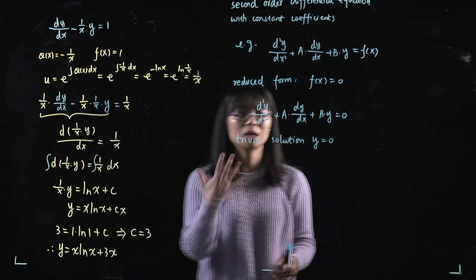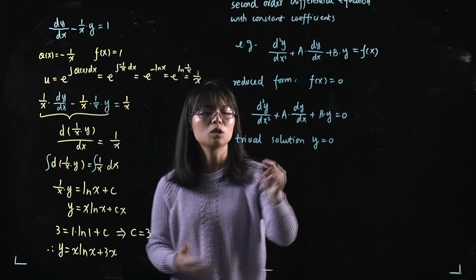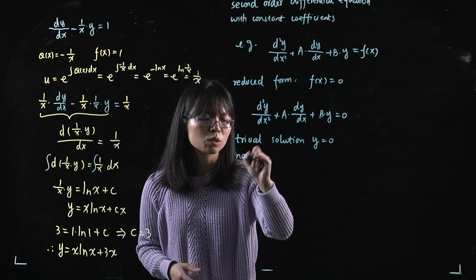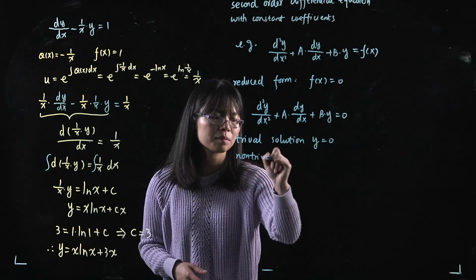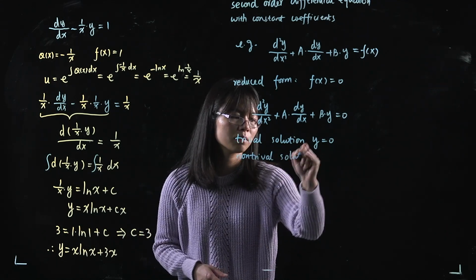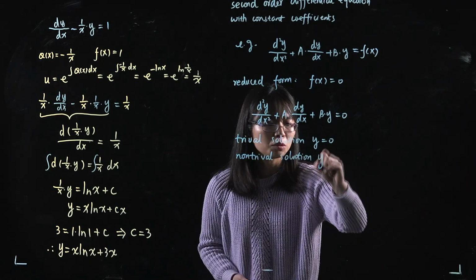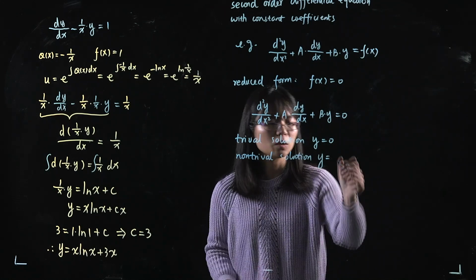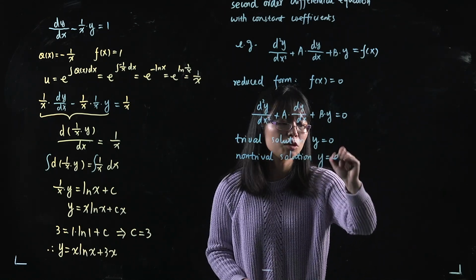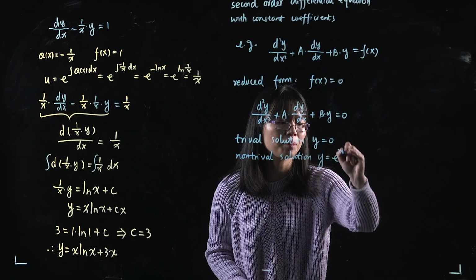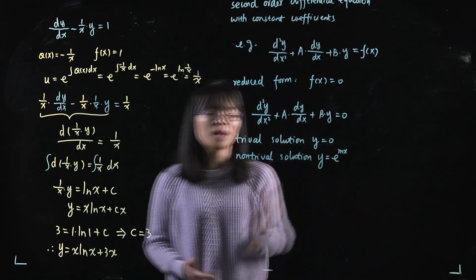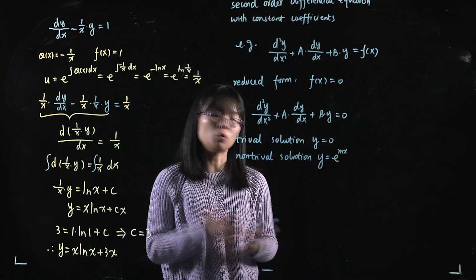So y equals 0 is a solution for this equation. But how about a non-trivial solution? Okay, can we take a guess? One guess people take that works pretty well is I assume y equals exponential of mx. What is the value of m? That's something we need to figure out.